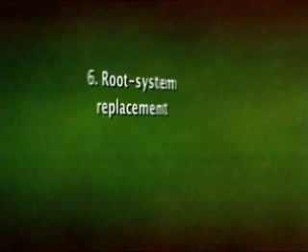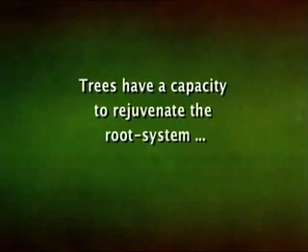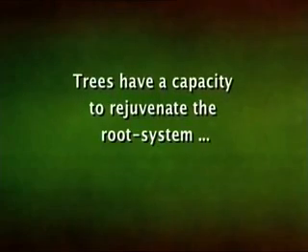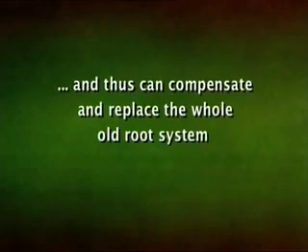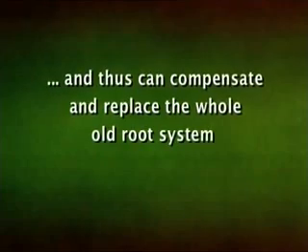Trees have an important characteristic, that is the root system replacement. Trees have a capacity to rejuvenate the root system and thus can compensate and replace the whole old root system.